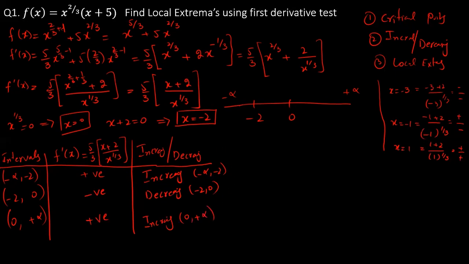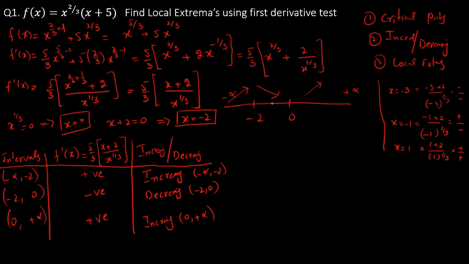Okay, so this is it. We are done with increasing and decreasing, and now we are moving to the next part, which is the local extremas. We have learned in class that the derivative is positive in this interval, so the function is increasing here, the next one is decreasing, and then increasing in this interval.